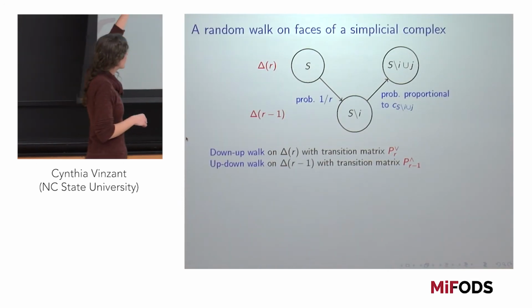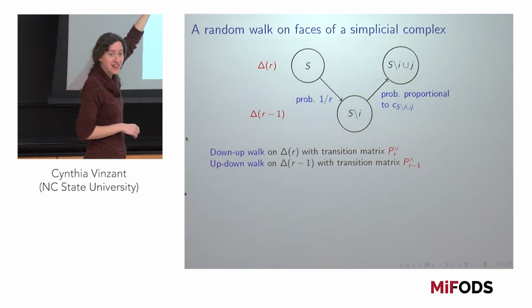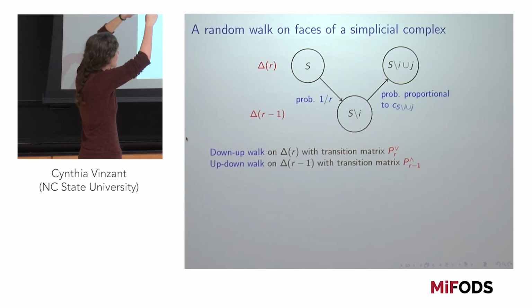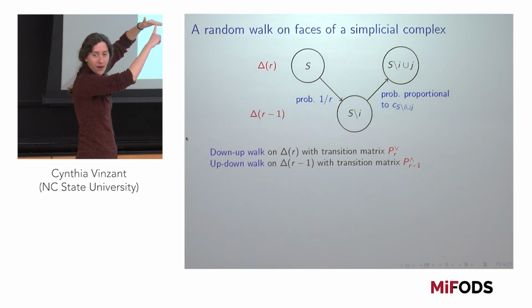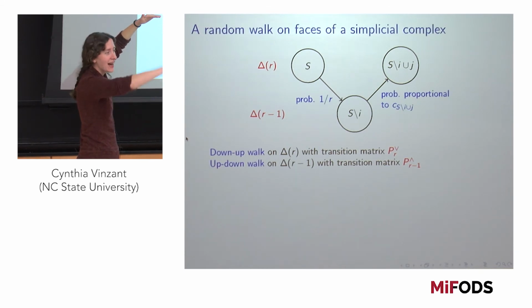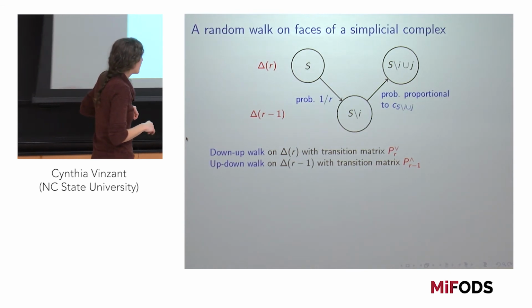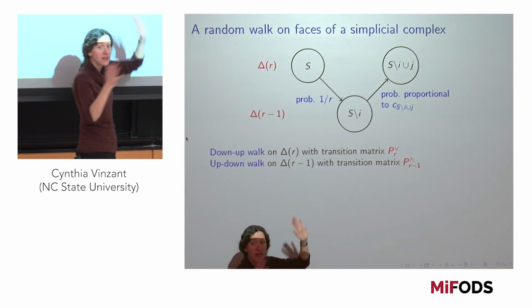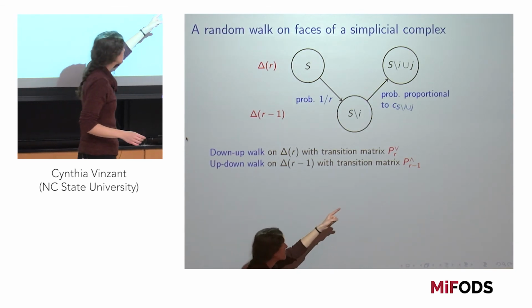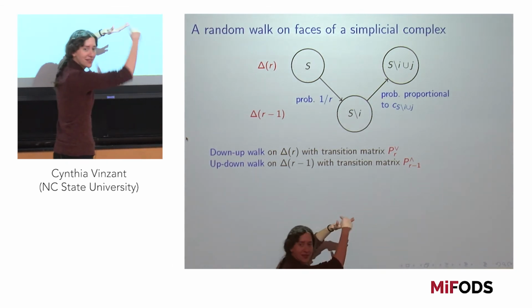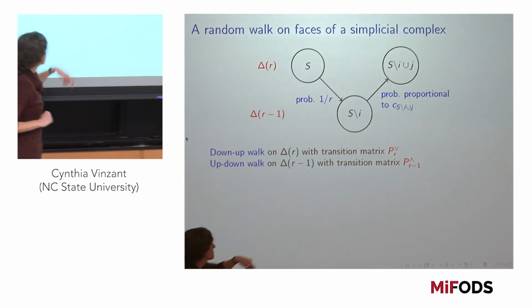I could define a random walk on subsets of size r, which I'll call the down-up walk, where I first throw an element out and I add one back in. I'm going to denote the potentially quite large transition matrix for this by P with a down and up on it.